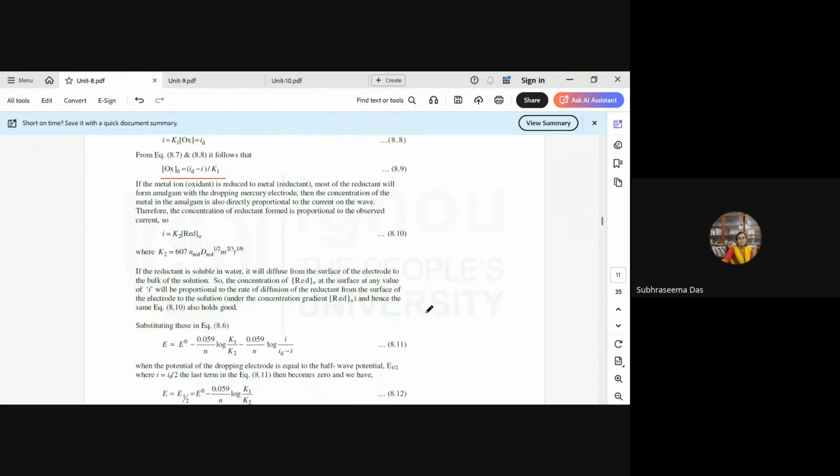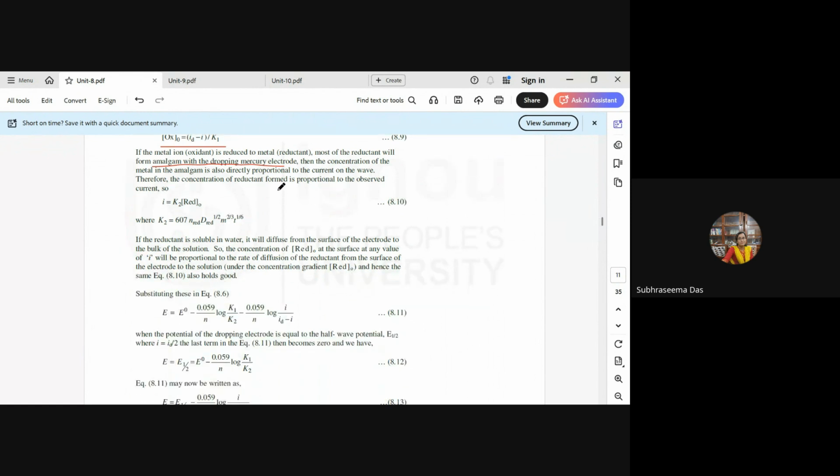If the metal ion, that is the oxidant, is reduced to the metal, then most of the reductant forms an amalgam with mercury, because almost all metals are very prone to form amalgam with mercury. Similarly, the metal that is used here also tries to form an amalgam with the mercury drop. Thus the concentration of the reductant formed is proportional to the observed current, that is I = K2 into reductant 0, where K2 has the usual Ilkovic equation value.